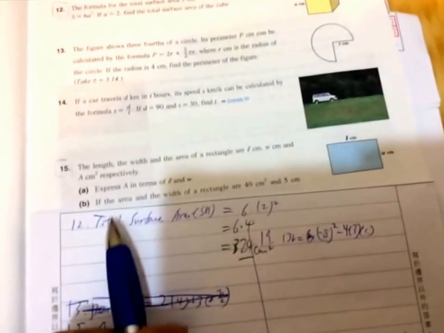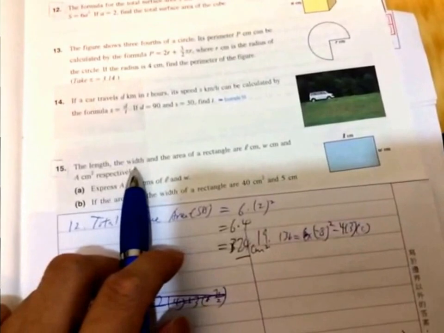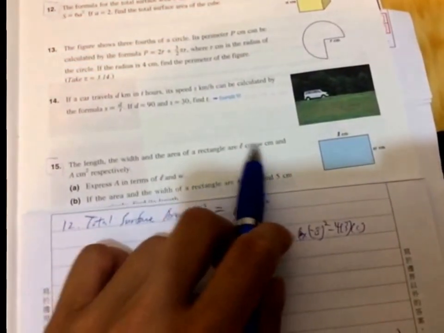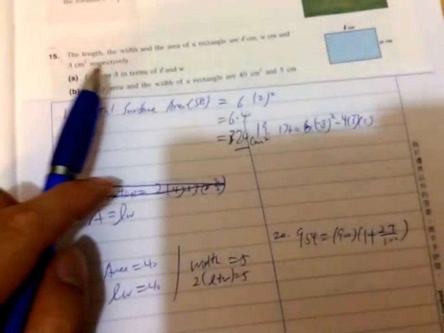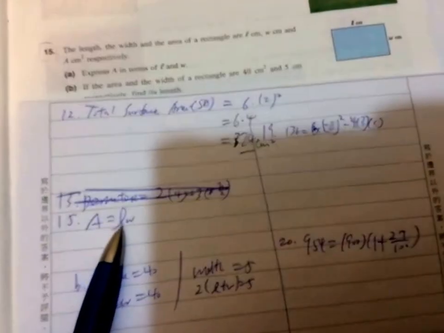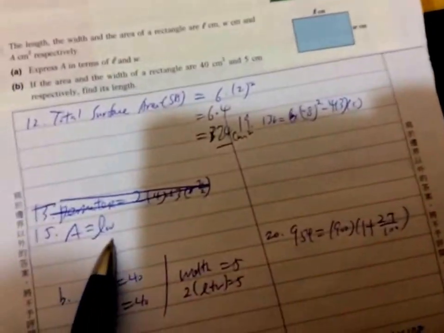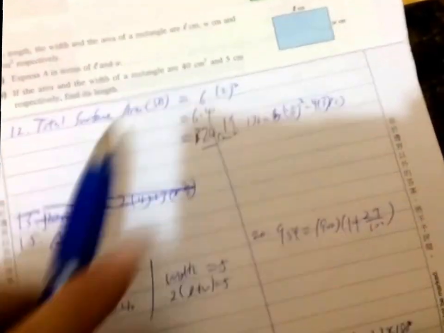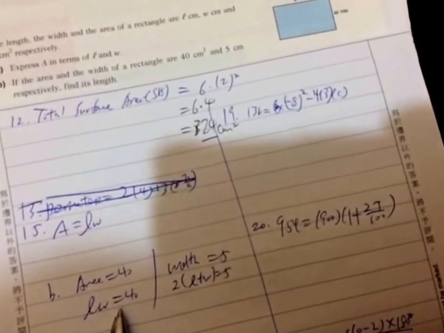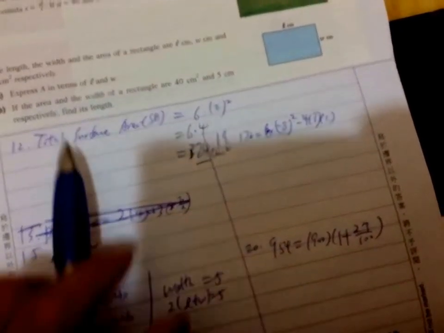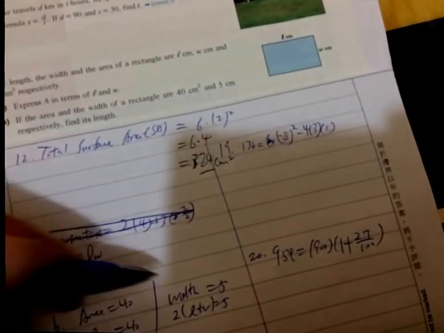Question 15. A, length, width, and area. Express A in terms of L and W. A is equal to L times W. So length times the width, okay? Now the area is 40 and 5, okay? So find the width.